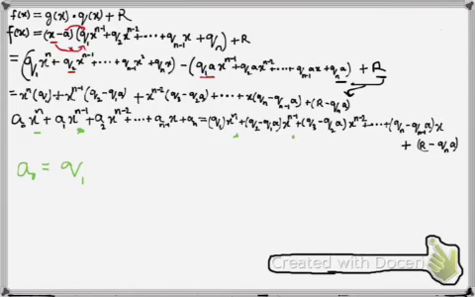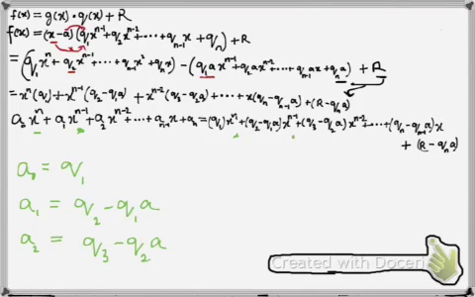And when we compare the coefficients of x power n minus 1, we get a1 is equal to q2 minus q1a, and when we compare the coefficients of x power n minus 2, we get a2 is equal to q3 minus q2a, right?